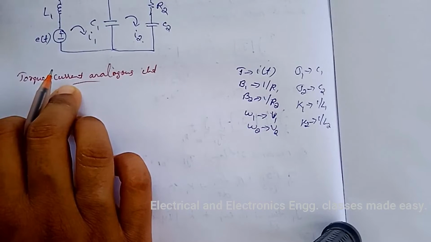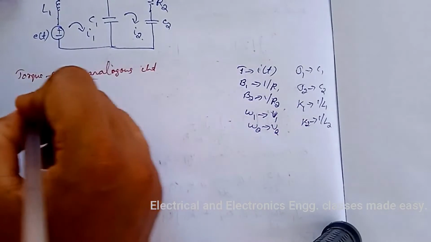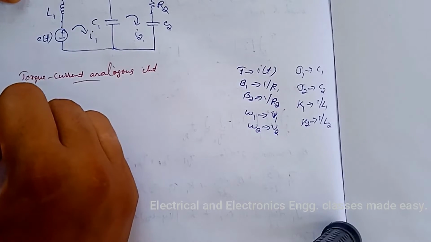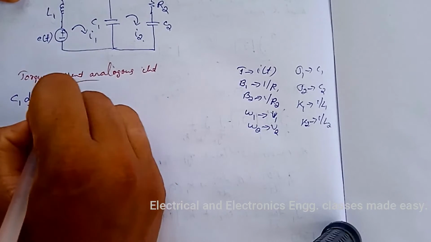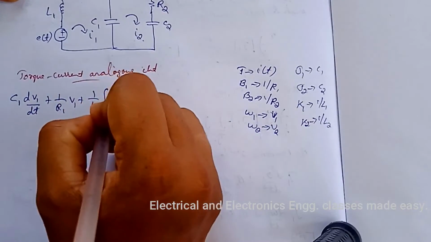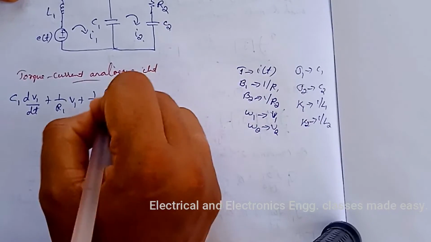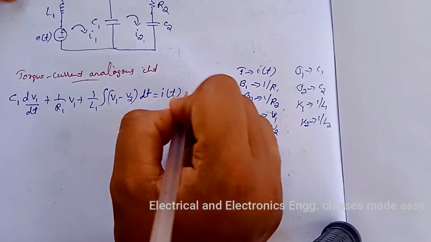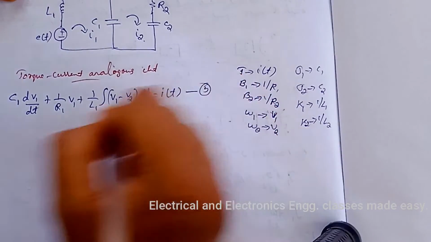And equation 1 and 2 we can write, that is C1 into dV1 by dt plus 1 by R1 V1 plus 1 by L1 integral V1 minus V2 into dt equal to I of t. So this is equation number 5.